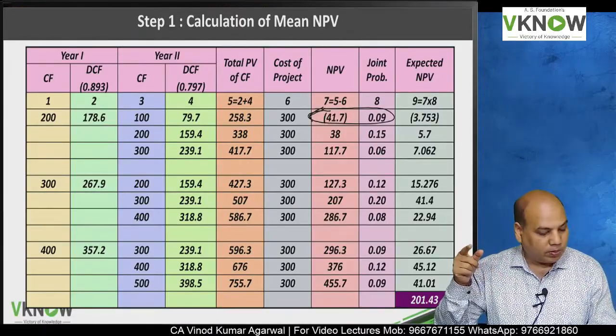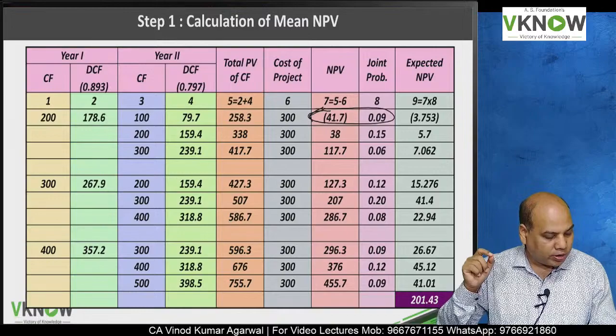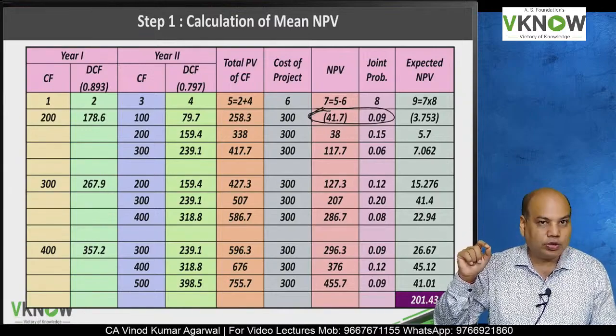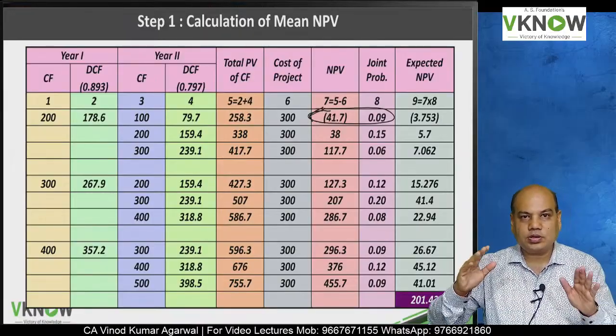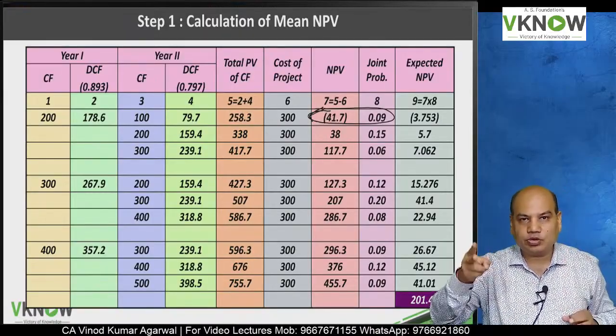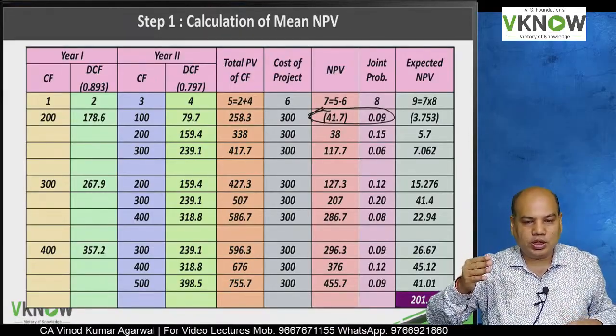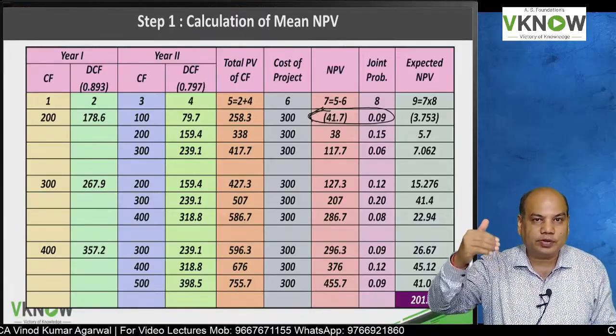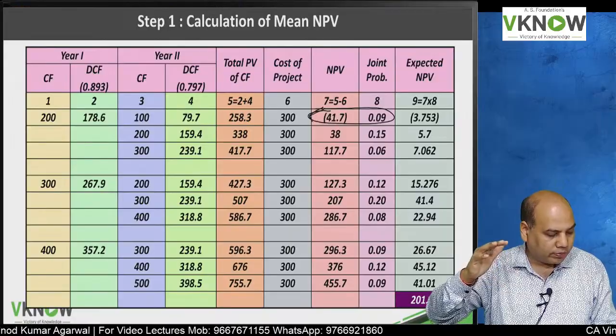Calculate the new mean NPV assuming company abandons the project if it is worthwhile to do so. That means the life of the project is 2 years. So the only abandonment possibility is whether you will abandon at the end of year 1 or not.